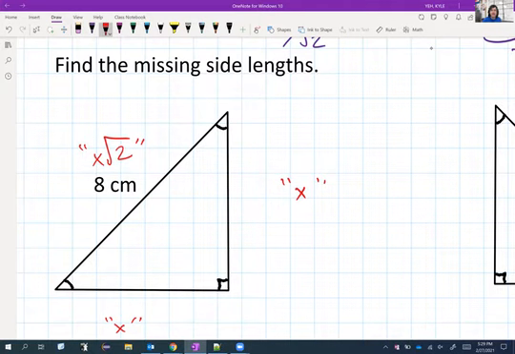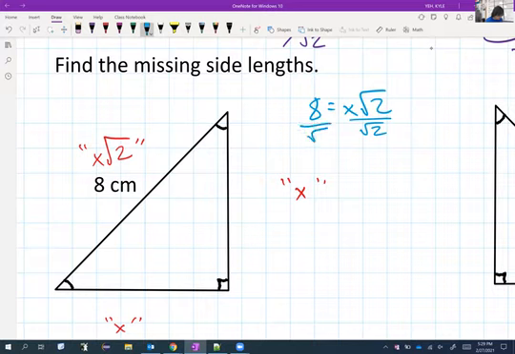Great. Now, how do I get from x root 2 to just x? Well, we can just use some of the algebra skills we know. I'm going to change colors and say, I know that 8 equals x root 2. So how would I figure out what x is? I'll divide by root 2 on both sides. So that means 8 over root 2 equals x.